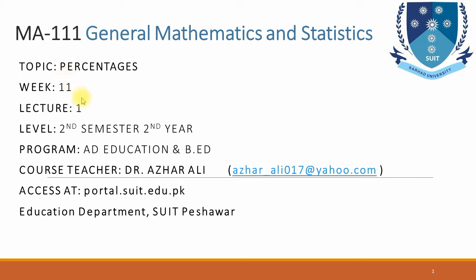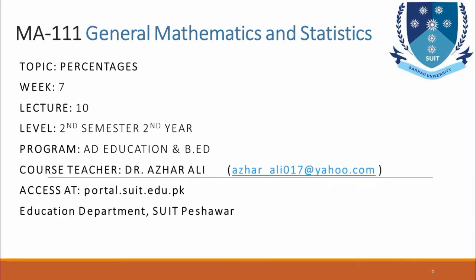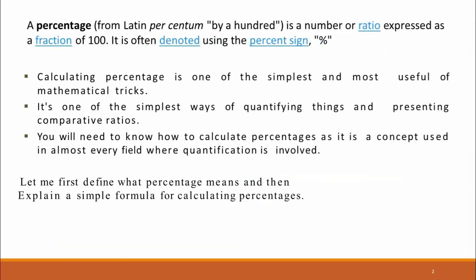In this first video lecture of week 11 for the course General Mathematics and Statistics, we are going to learn about percentages. This is a very basic topic in mathematics. What is a percentage? A percentage, from the Latin per centum, means by 100.